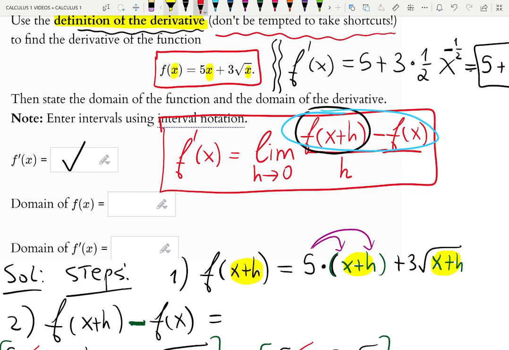Domain means we need to be careful and exclude all the bad inputs for x. X inside of the square root cannot be negative. Thus, x have to be positive. Is square root of 0 exist? Yes, so 0 is fine too. They told us that we need to use interval notation.